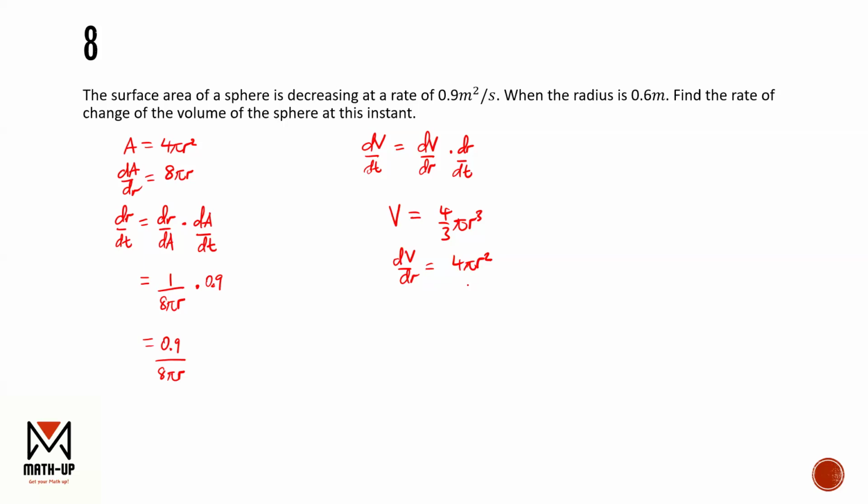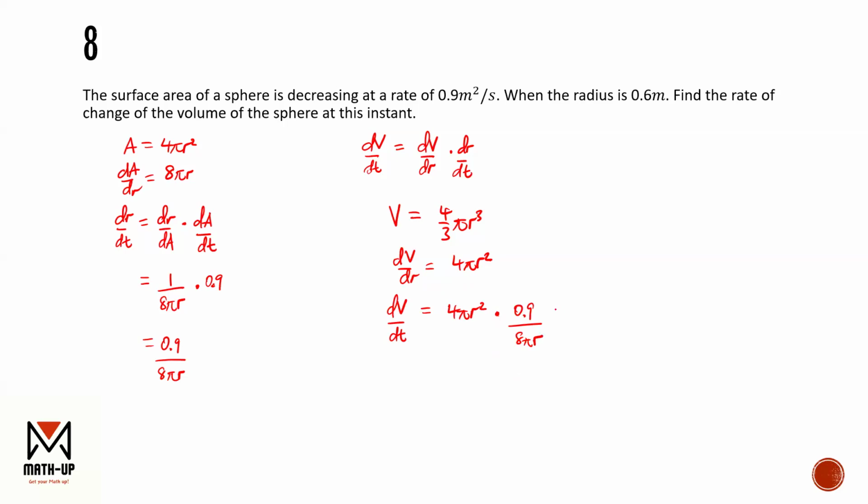It's not a coincidence, but we won't get into that. So how do we get dV/dt? dV/dt is going to be dV/dr, which is 4 pi r squared, times our dr/dt, which is 0.9 over 8 pi r. I'm using a huge dot in the middle to mean multiplication.